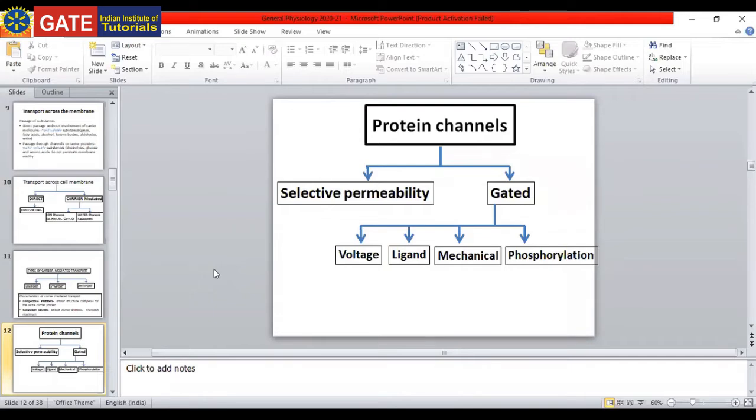It will open and allow the sodium to enter. Similarly, there are stretch receptors, where with the help of the stretch there is opening of the channels. Some of the channels will open only in case of phosphorylation, when a phosphate gets added to it. So that is how the channels are gated. Any doubts?